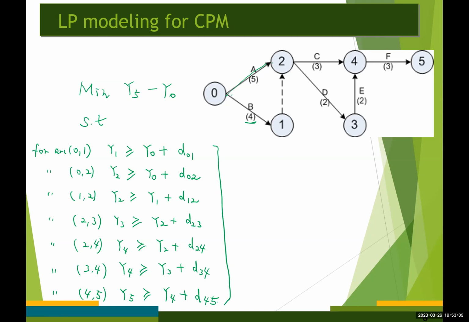The sign restriction. We are going to have y sub i unrestricted in sign for all i values, from 0, 1, 2, up to 5.